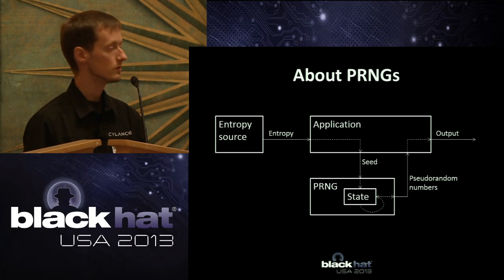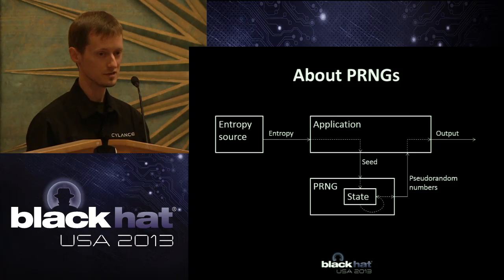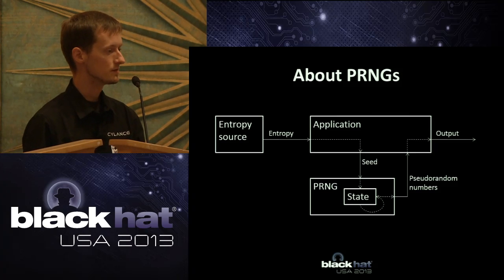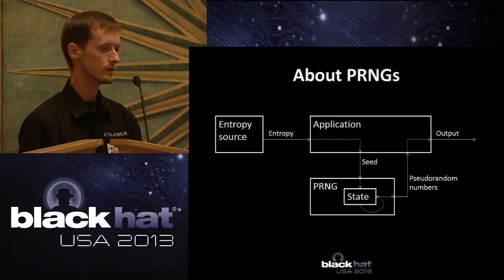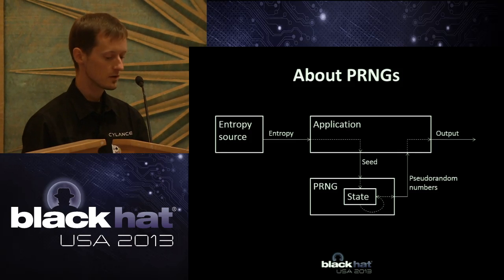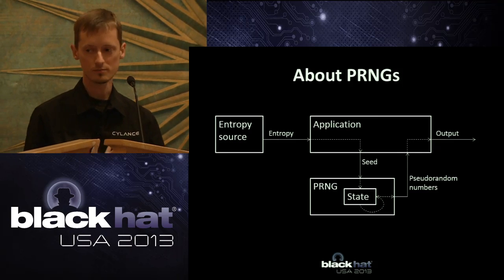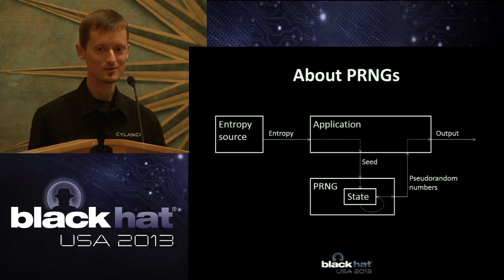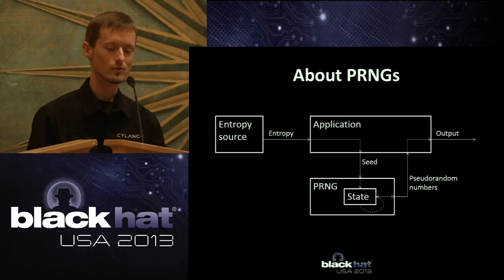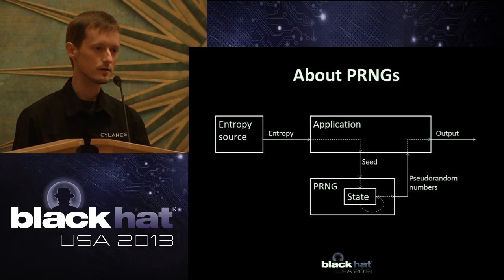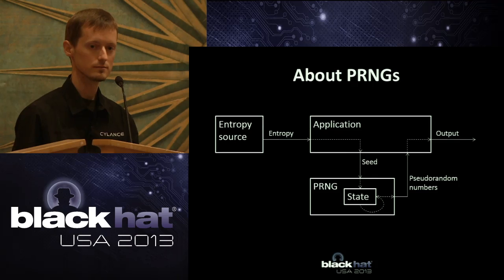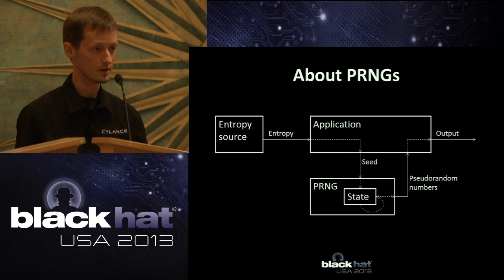The other case is where the state is significantly larger than the seed, and then the seed is run through some algorithm for deriving an initial state. For instance, the .NET PRNG accepts a 32-bit, or technically 31-bit, seed and has a roughly 1700-bit internal state. So not every possible state is directly realized from a seed value.